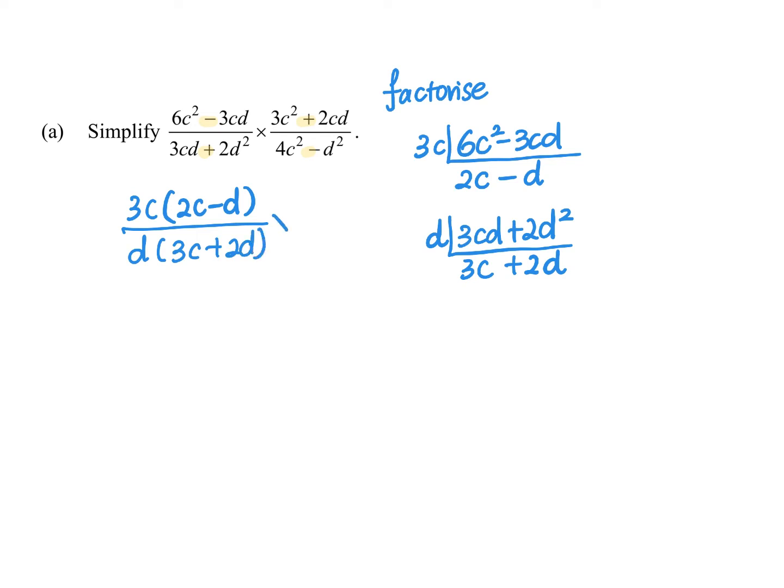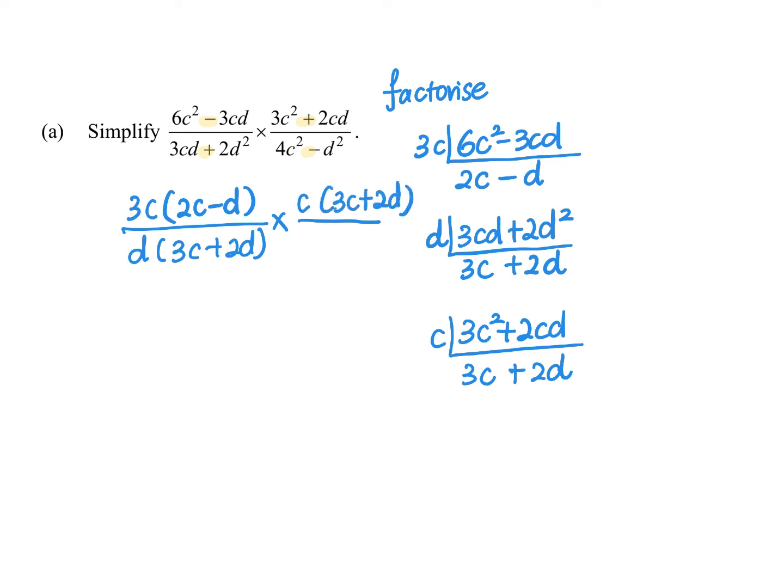And this one is multiplication. We have 3c squared plus 2cd. Factorizing the common factor, which is c, I'm left with 3c plus 2d. So this is c bracket 3c plus 2d. And last but not least, we have 4c squared minus d squared.